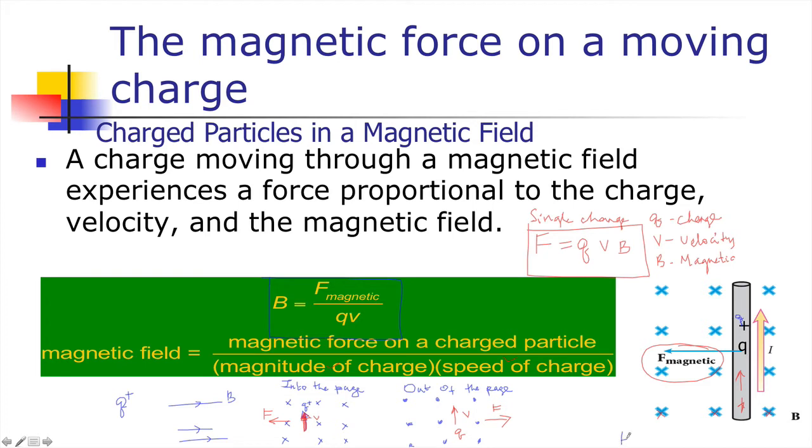In this case the wire is going to experience some kind of magnetic force, and that force can be calculated as BIL, where B represents the magnetic field.